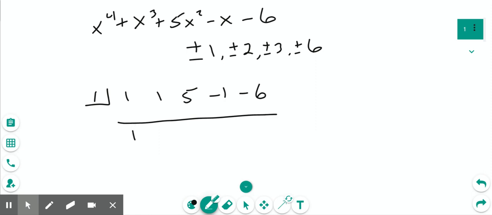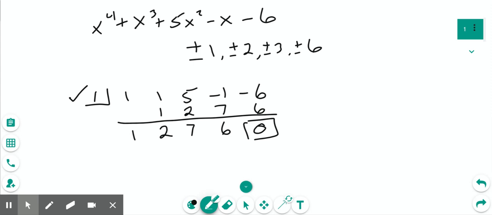Bring down the 1. 1 times 1 is 1. 1 plus 1 is 2. Multiply, you get 2, 7. Multiply, you get 7. This becomes 6. Multiply, and you get 6. Hey, all right. So the remainder is 0. So that means 1 is a solution.